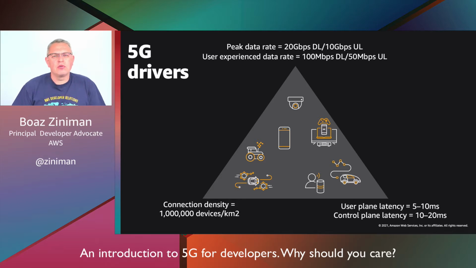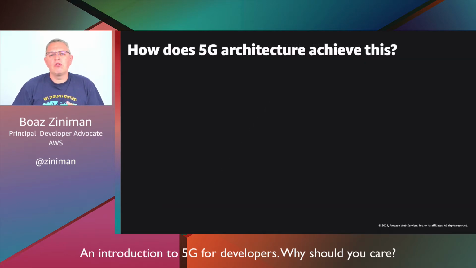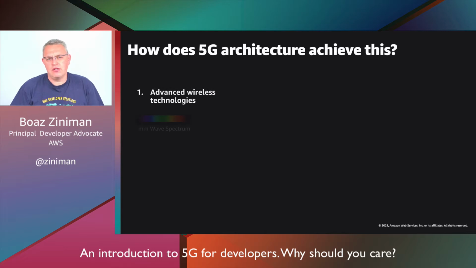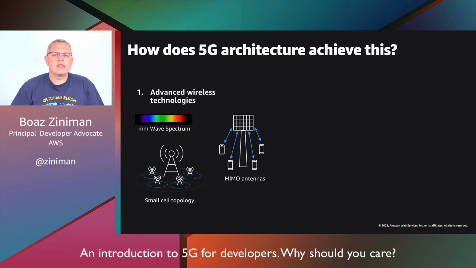How do 5G networks deliver these benefits? It achieves it through advanced wireless technologies. First of all, upper bands of the spectrum are being used to deliver high bandwidth. A wider spectral band allows much higher bandwidth, and this is one part of the system.